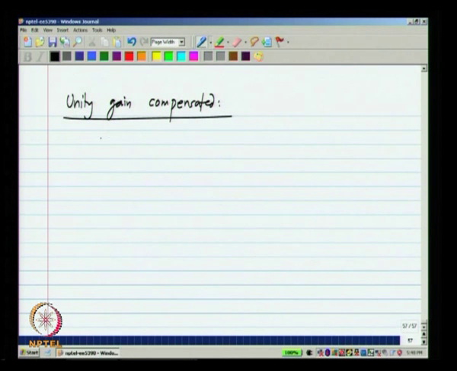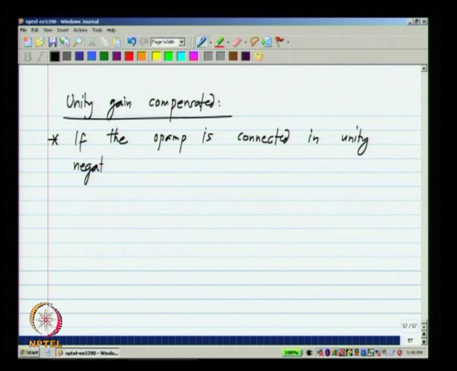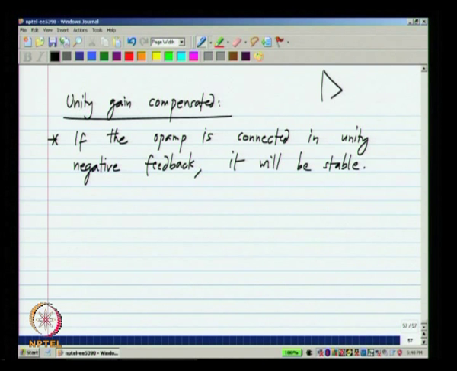Which means that if the op amp is connected in unity negative feedback, it will be stable. That is, if you make an amplifier like this, it will be stable.